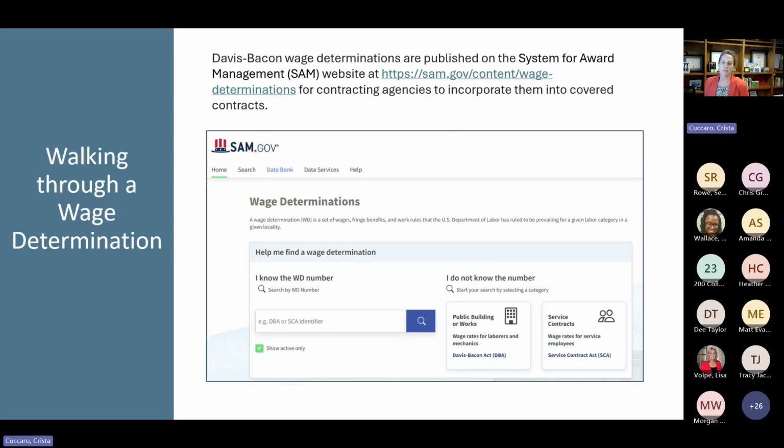And so there are 2 types of wage determinations: general wage determinations and project-specific wage determinations. Most of the time you'll be using general wage determinations, right? So the Department of Labor has done the survey and figured out the prevailing wage for different labor categories that are applicable to your project.